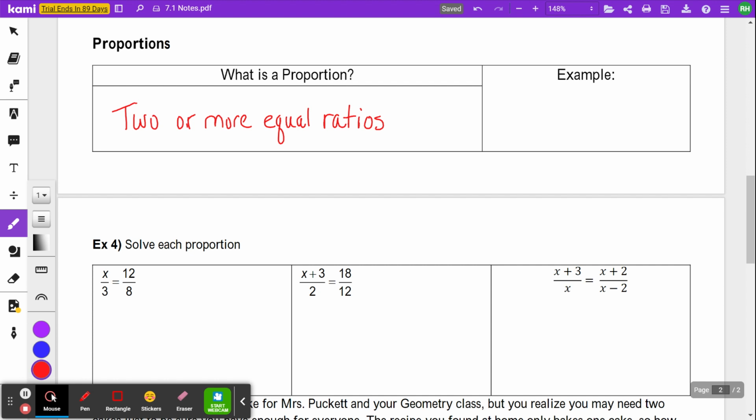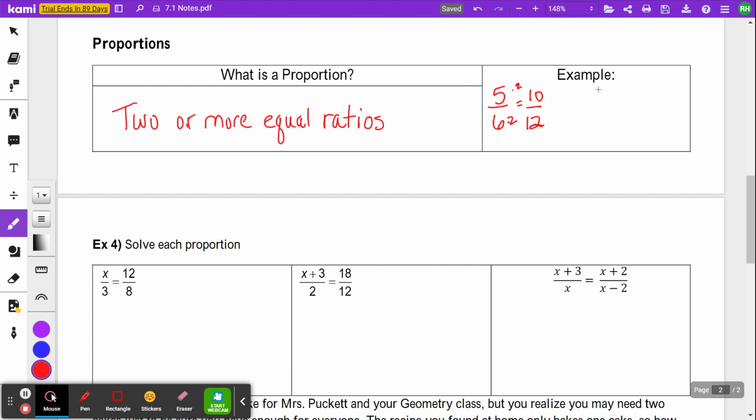So, example, anything you want. If I said 5 over 6 and I wanted a ratio that was equal to that, it would be something like maybe 10 over 12, where all I'm doing is multiplying both the top and the bottom by the same number, 2.